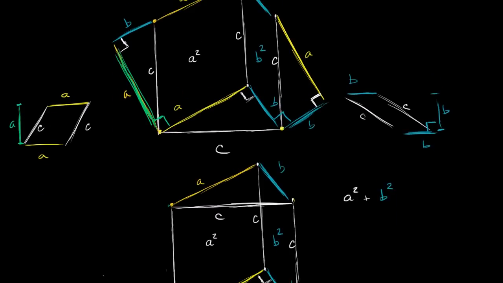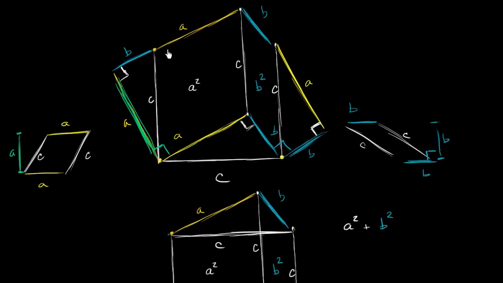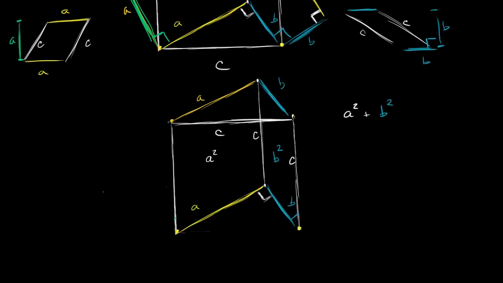This is of length C, that's of length C, and then this right over here is of length C. And so what we could do is take this top right triangle, which is completely congruent to our original right triangle, and shift it down. So remember, the entire area, including this top right triangle, is A squared plus B squared. And we're excluding this part down here, which was our original triangle.